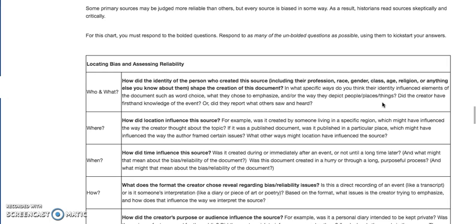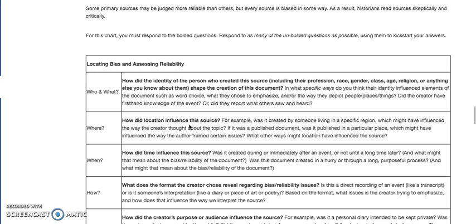What specific ways do you think this person's identity influenced what they drew on it? What did they choose to emphasize in the drawings, and how did they depict people and places? Is there anything that they're drawing that they would have firsthand knowledge of, or they may be drawing something that their mother told them about?